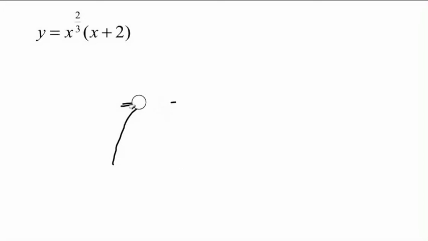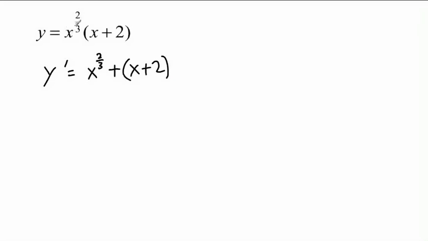So we need to find the derivative of this right here. The derivative of this is going to be this multiplied by the derivative of x plus 2, but the derivative of x plus 2 is just 1, so that's fine. And then plus x plus 2 multiplied by the derivative of this.